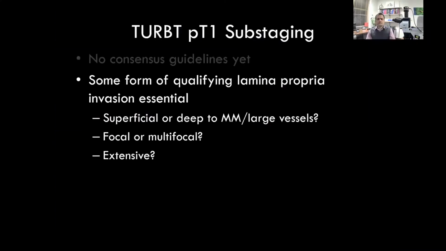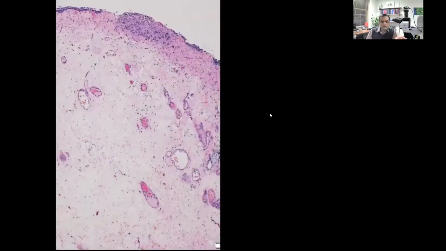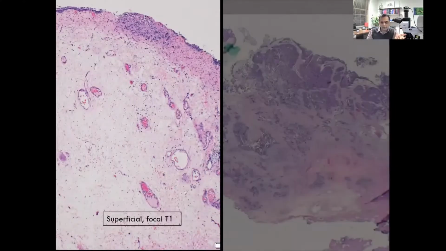So using this, you should say at least whether there is a superficial or a deep invasion, or if the T1 invasion is either focal or multifocal, or if it is extensive, right? So let's take a look at some examples on how this diagnosis can be made. So in this particular case, again, I showed this before, it would obviously be a superficial focal T1 in the diagnosis, invasive high-grade urothelial carcinoma with superficial focal lamina propria invasion.